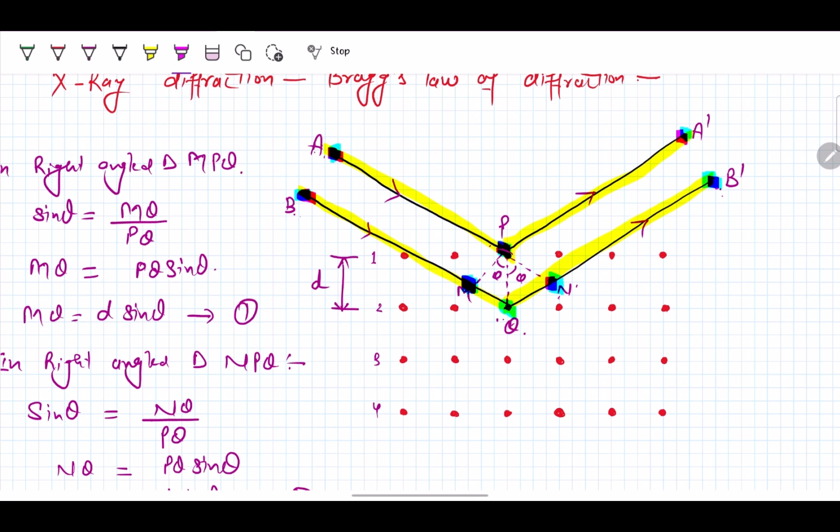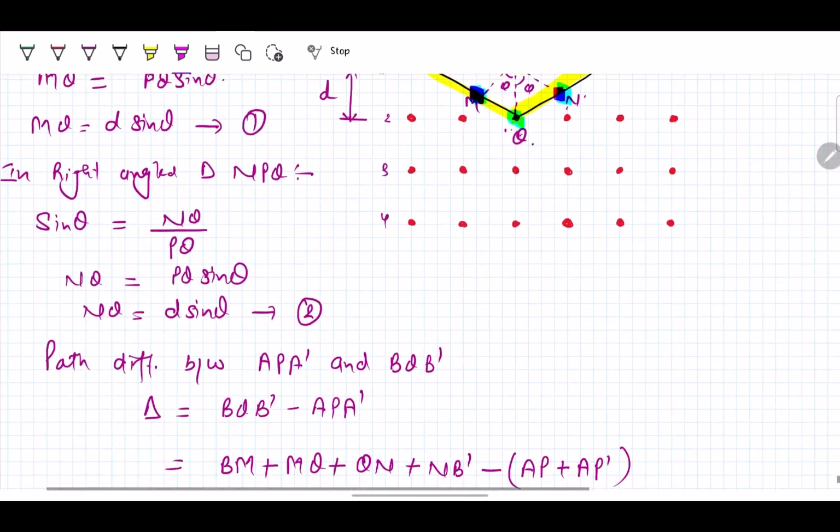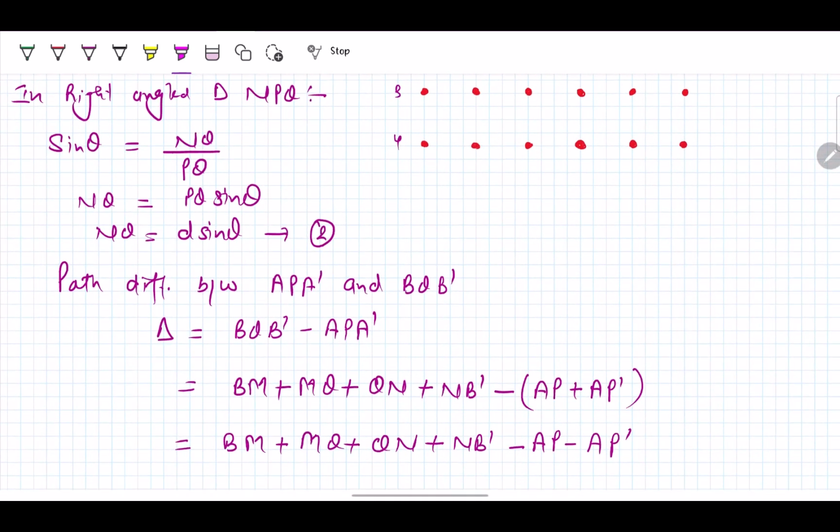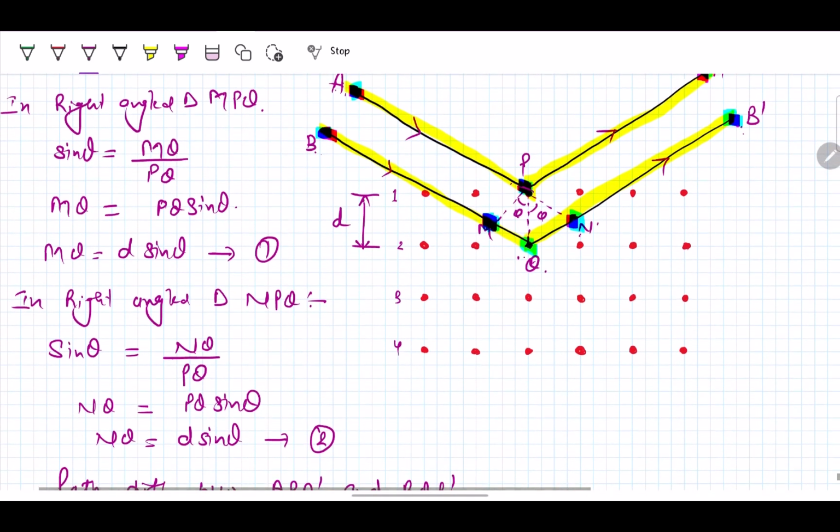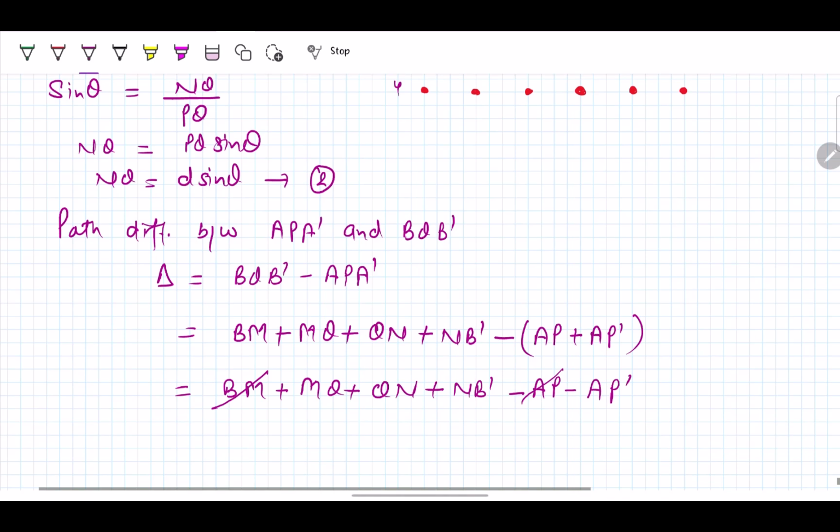Because of the negative sign, BM cancels with AP, and NB dash cancels with PA dash.